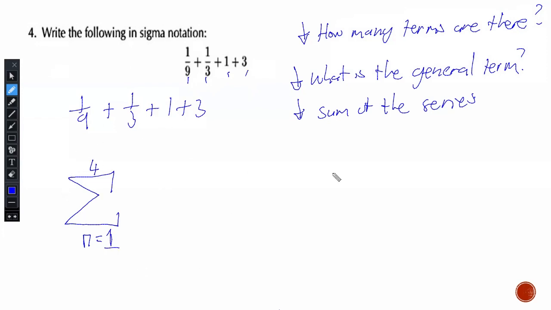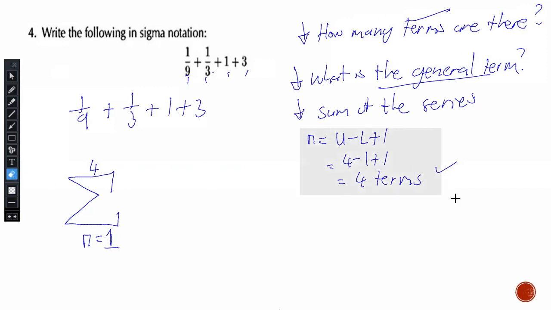It's only 4 terms, so we say n starting from 1 all the way to 4. Even if we say upper value minus lower value plus 1, so 4 minus 1 plus 1, this will still give us 4 terms. So we have answered the first question.